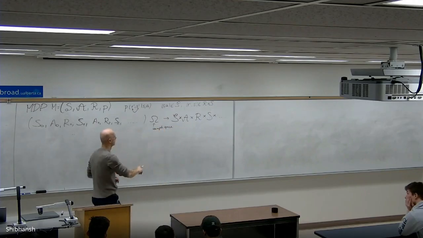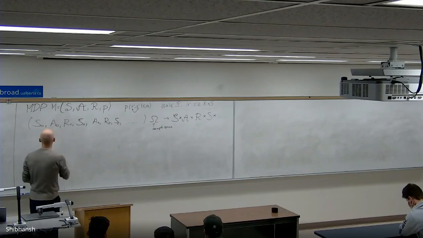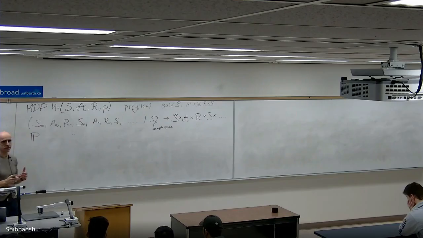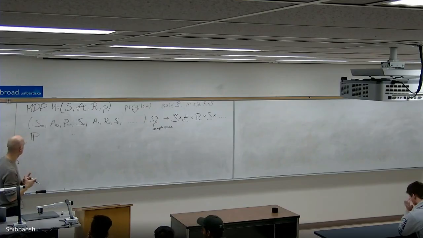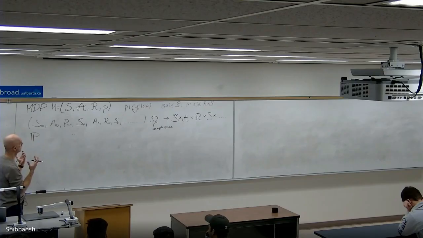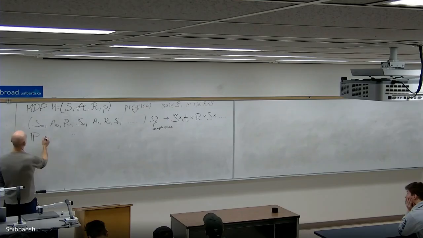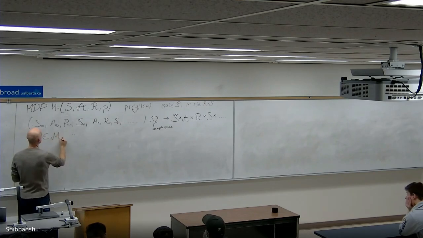This infinite product. And they also come with this P, a probability distribution that is put over omega.